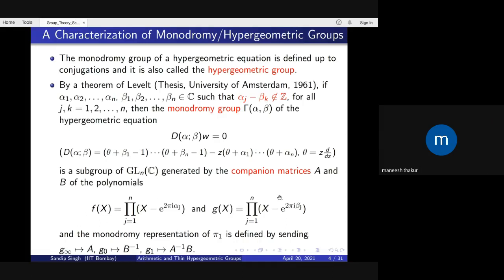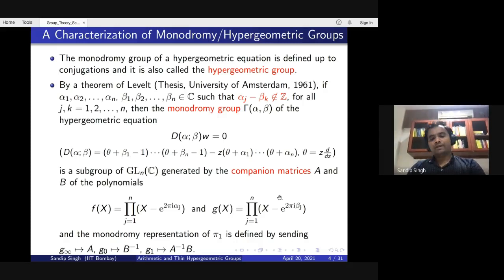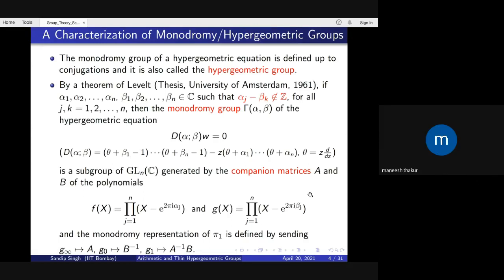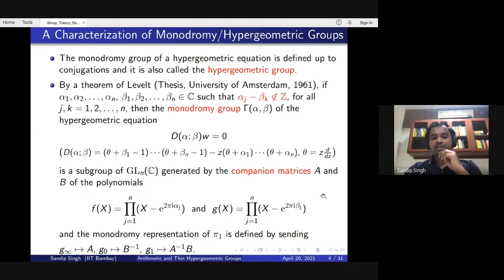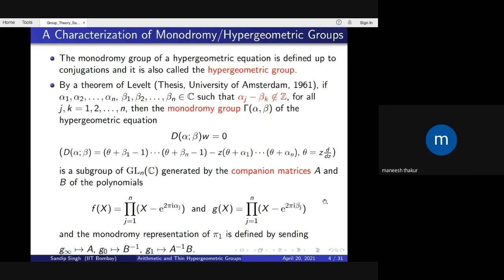If you know the polynomials F and G, then you know the matrices A and B, and you know the roots, and corresponding to those roots you get a differential equation for which the monodromy group is the subgroup of GL_n(C) generated by these two matrices A and B. Okay, thank you. Go ahead, we will see later.